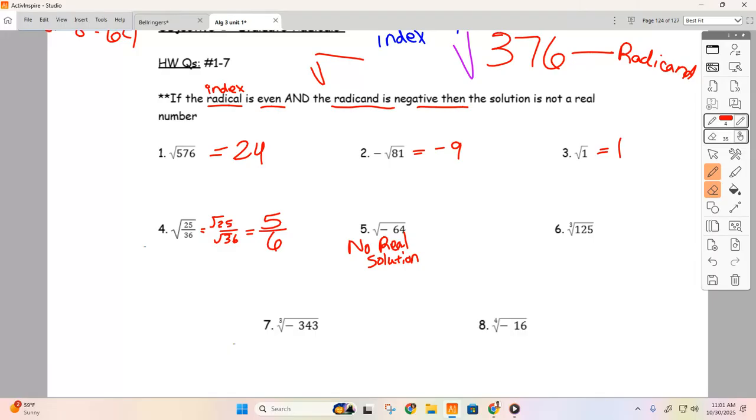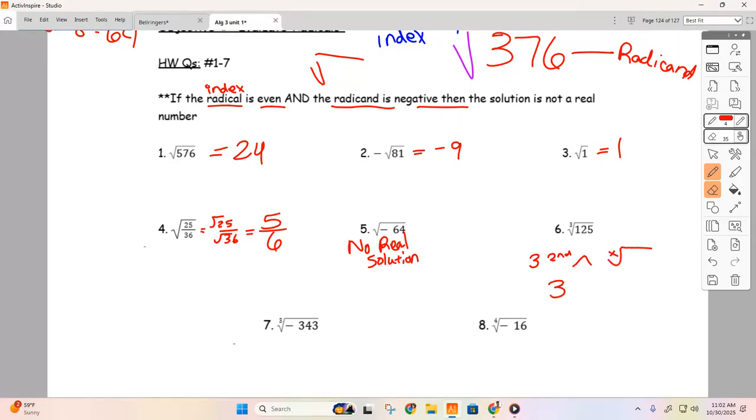So 5, because it was an even index and we have the square root of a negative, it's not real. For the cube roots in the calculator, the index is 3, so I start by pressing the 3. Then I hit that second button, and then the caret. It gives me a symbol that looks like this.